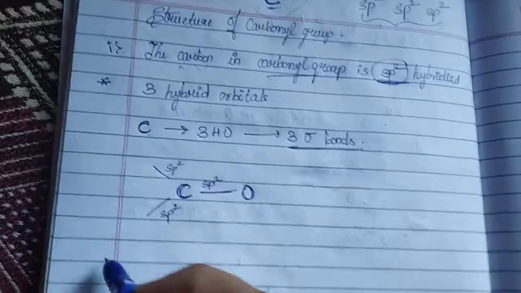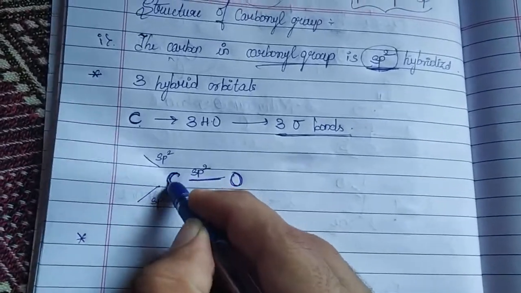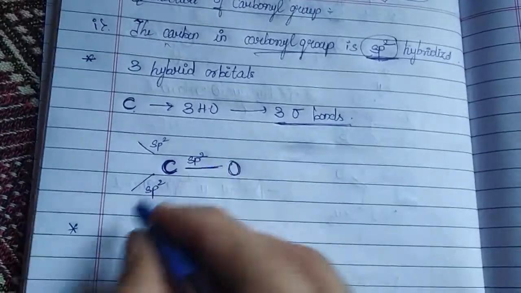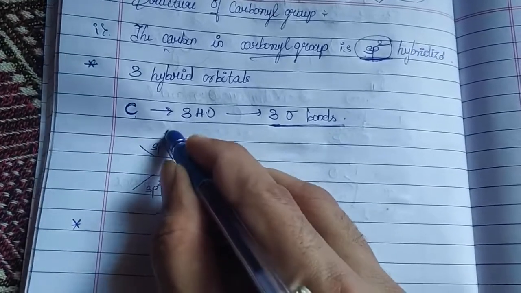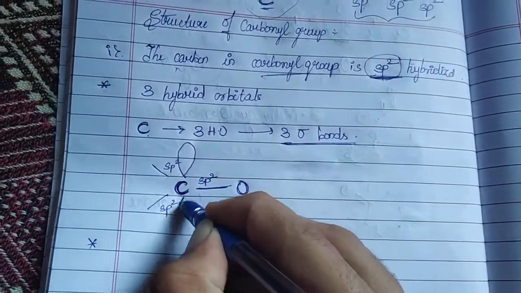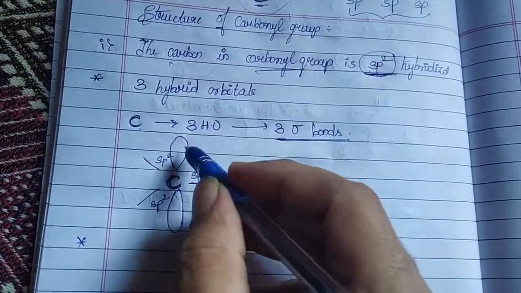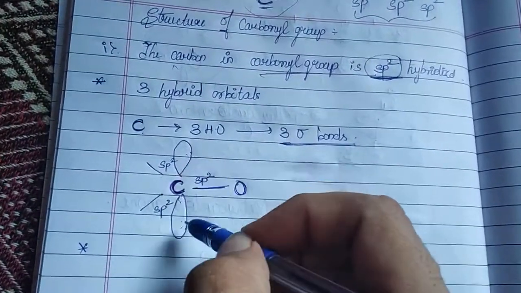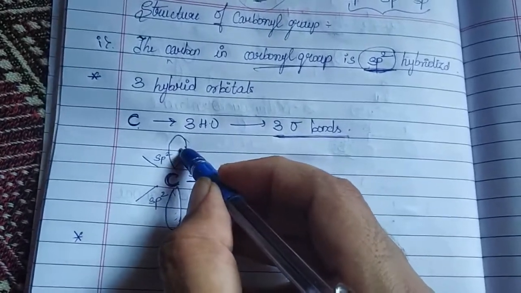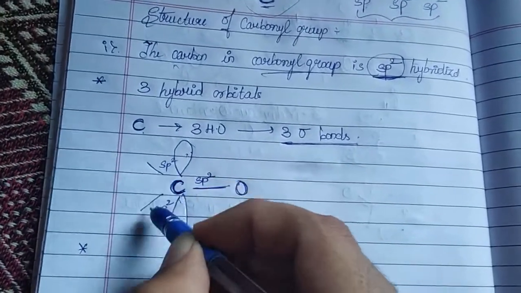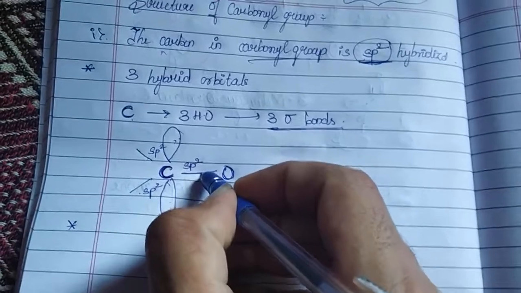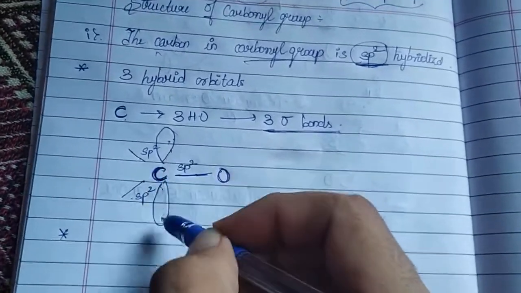Remember, guys, the carbon in the carbonyl group also has one unhybridized pz orbital. This orbital has not undergone hybridization. It has a different energy when compared to the 3 sp2 hybrid orbitals. That is the reason it is called unhybridized.